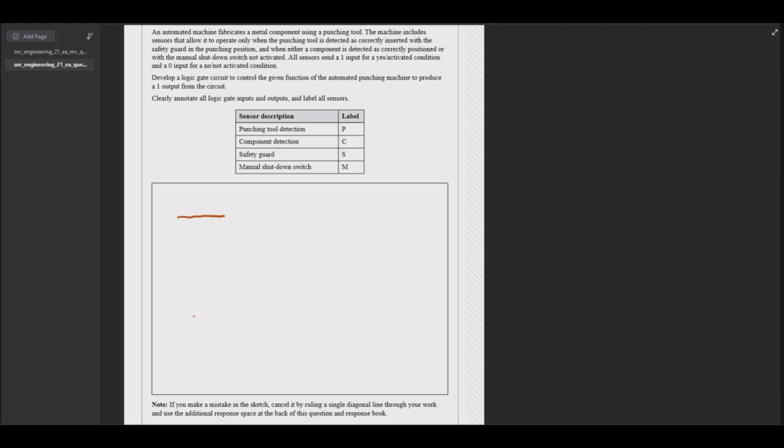So, let's label all of these. And draw some lines out. Machine includes sensors that allow it. So the punching tool has to be on. And the safety guard has to be off. So let's swap these around.